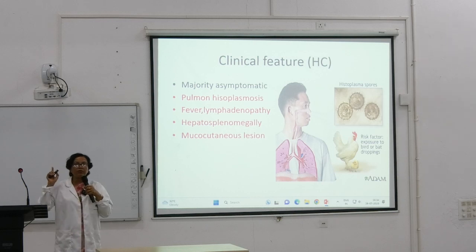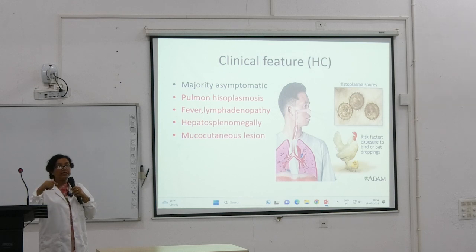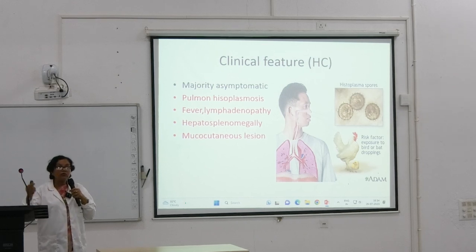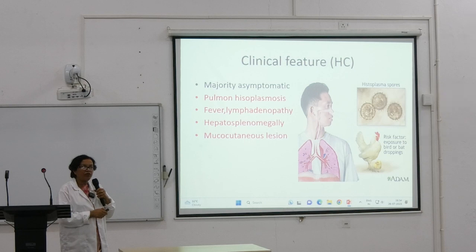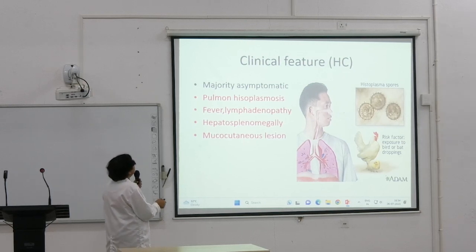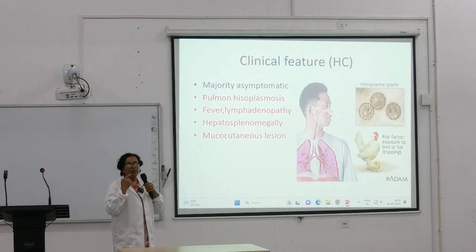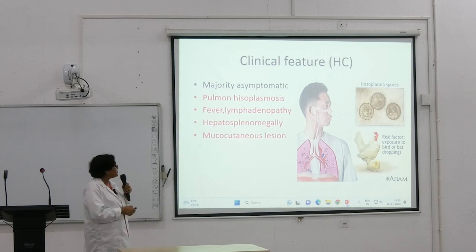Those who are immunocompromised and who inhaled a huge number of conidia, there is chance of infection. Otherwise, they are asymptomatic. So, if infected, there is histoplasmosis, there may be fever, lymphadenopathy, hepatosplenomegaly, mucocutaneous lesion. That means mucous membrane and skin also involved.